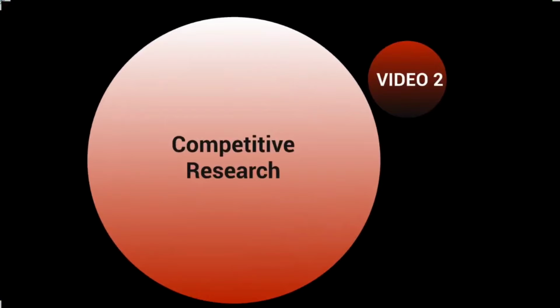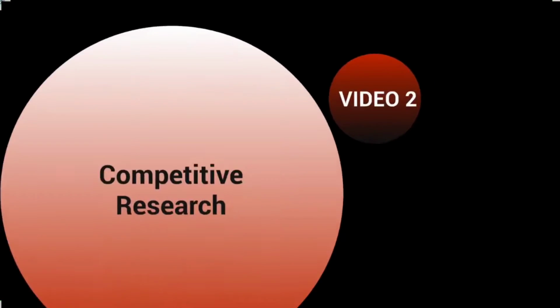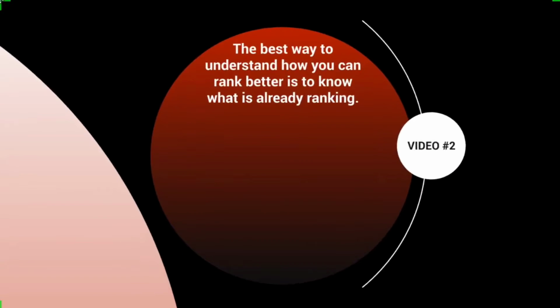So let's talk about competitive research. You see, the best way to understand how you can rank better is to know what is already ranking in your niche or your market. So what we want to do here is analyze the videos that are on the top.